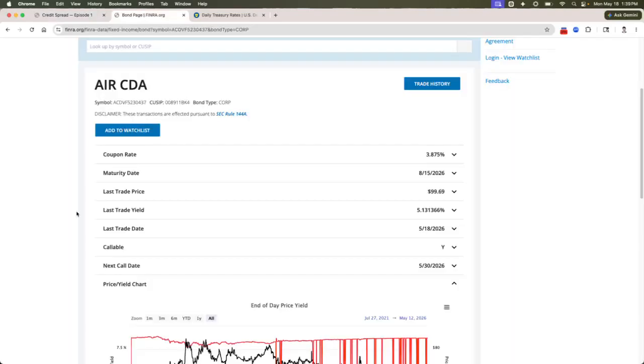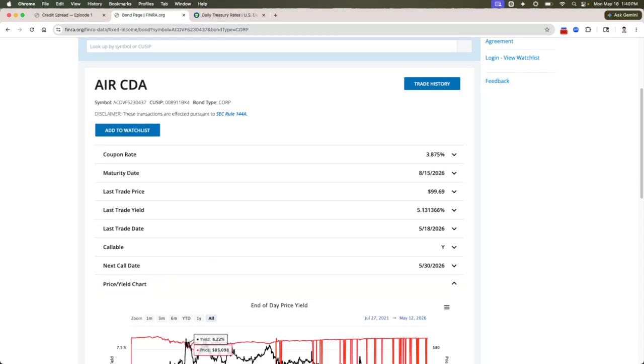Here I pulled a FINRA fixed income data platform screen where you can see bond information for various issuers and bonds. What we have in the screen is an Air Canada bond, which is maturing in August 2026, that is just 3 months out.